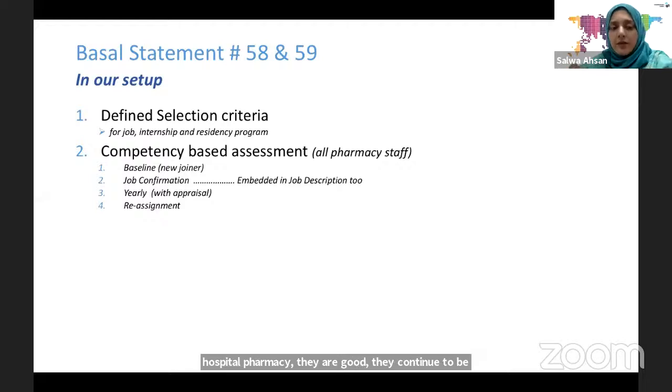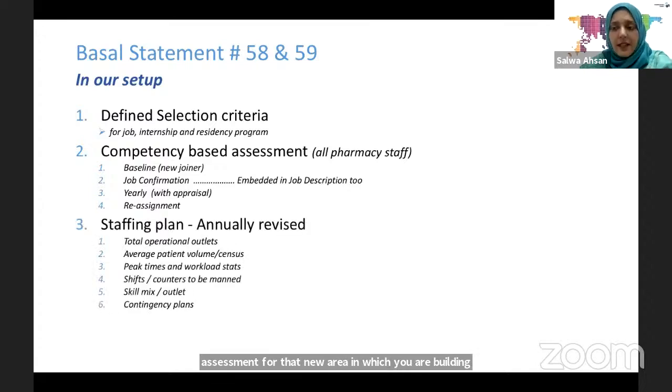Moreover, people often reassign or reallocate pharmacists into different areas, like moving pharmacists to the outpatient pharmacy, for example. But if you are relocating your pharmacist, you have to do a competency assessment for that new area. So at the time of reassignment, yes.